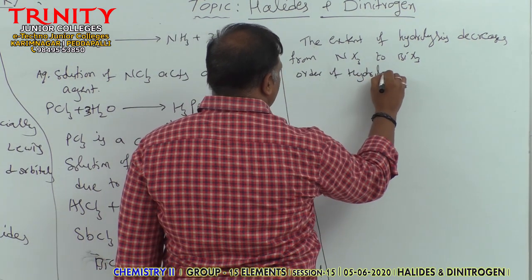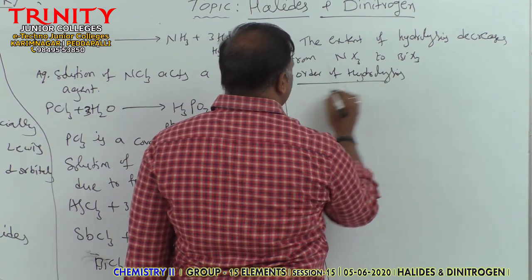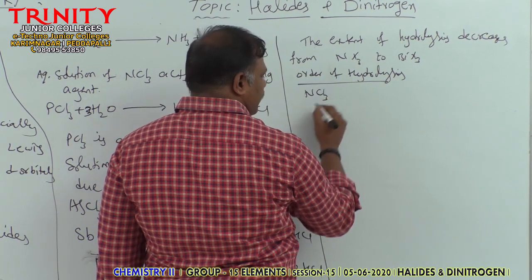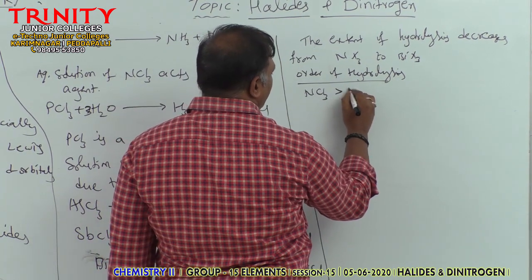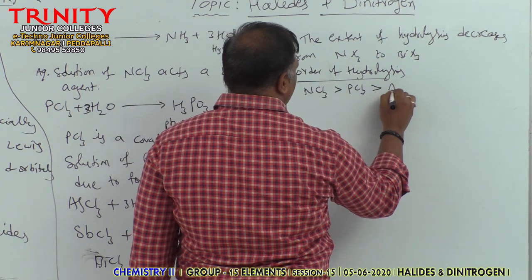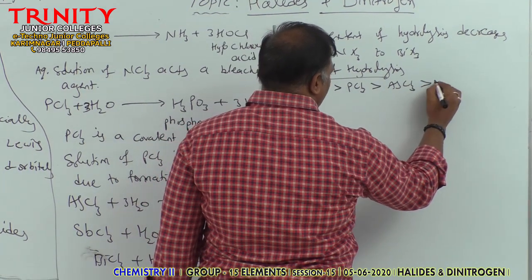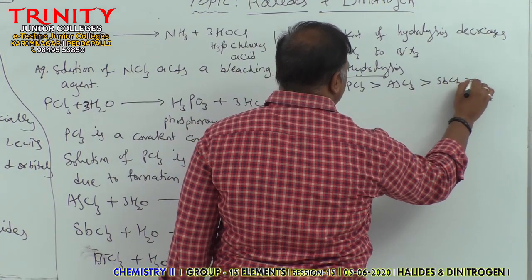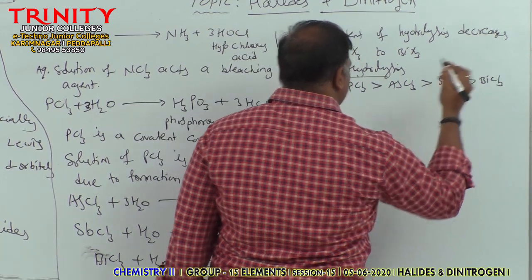The order of hydrolysis for chlorides is NCl3 greater than PCl3 greater than AsCl3, which is ready to undergo hydrolysis, then SbCl3, then BiCl3.